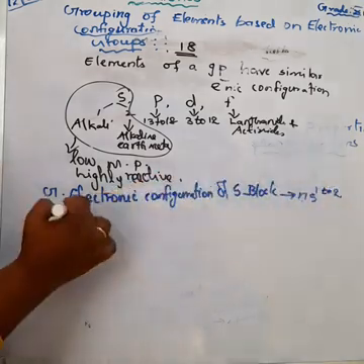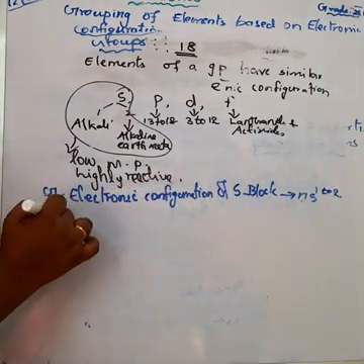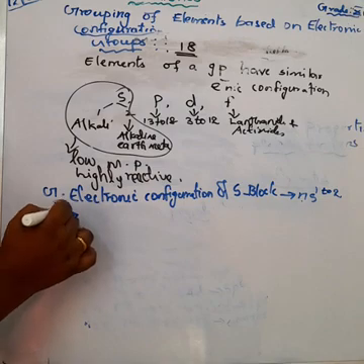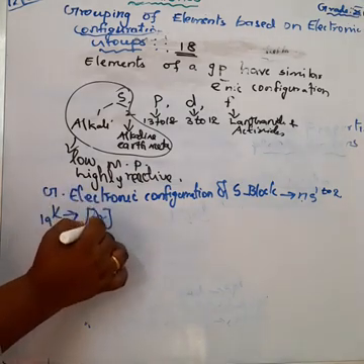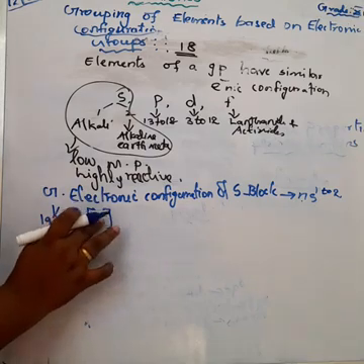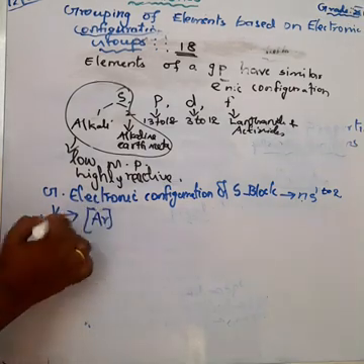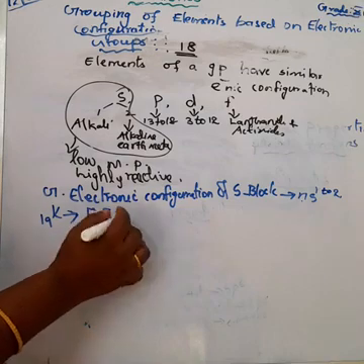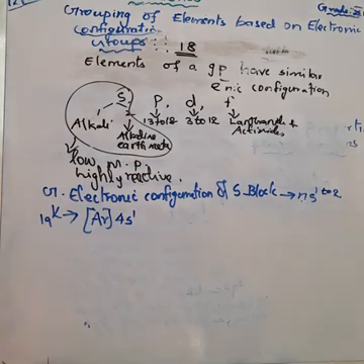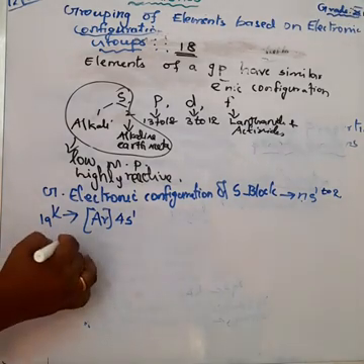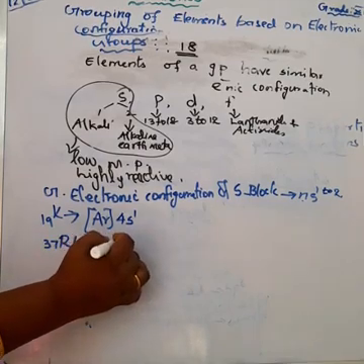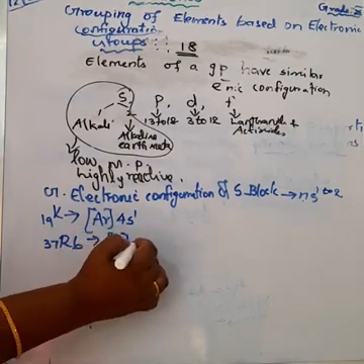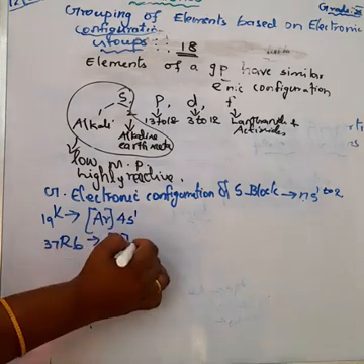Potassium, atomic number 19: we can take 18 as the nearest stable noble gas, argon, and after that 4s1. Rubidium, what is the atomic number? 37. We can take krypton as the nearest noble gas, and 5s1.